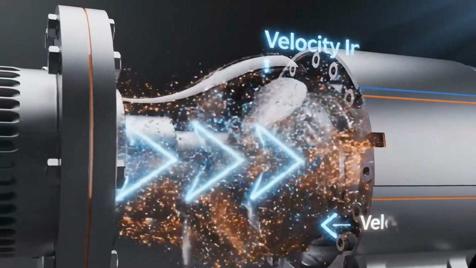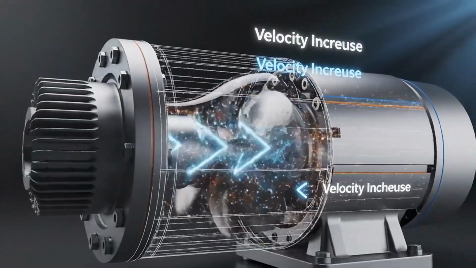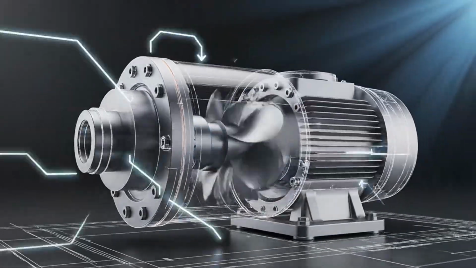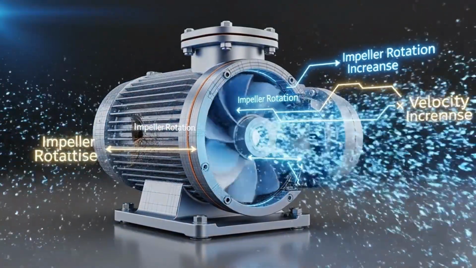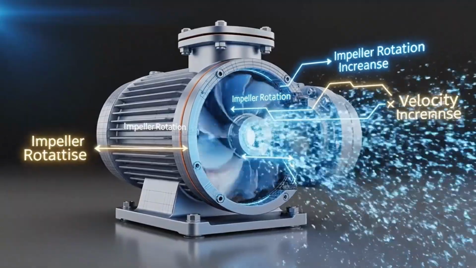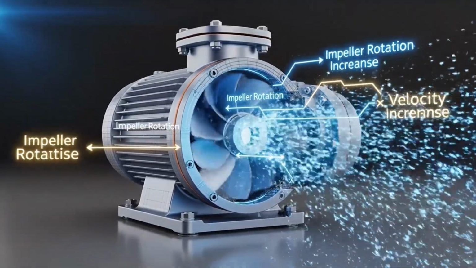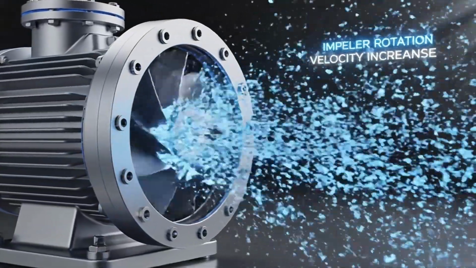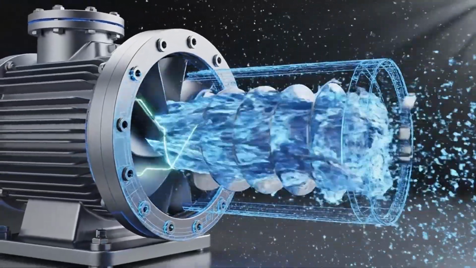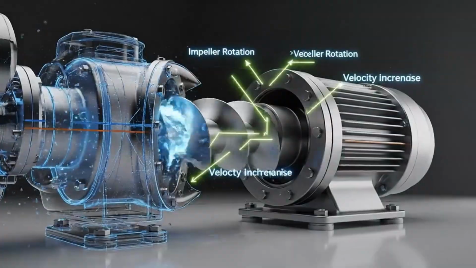The carefully designed curvature of the impeller vanes ensures efficient energy transfer, guiding the fluid. This continuous acceleration significantly boosts the fluid's kinetic energy, which is essential for the next stage of the pumping process. With its velocity maximized, the fluid is now ready to move from the impeller into the pump casing, where its kinetic energy will be converted into pressure.